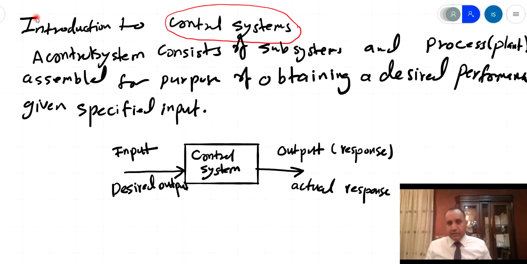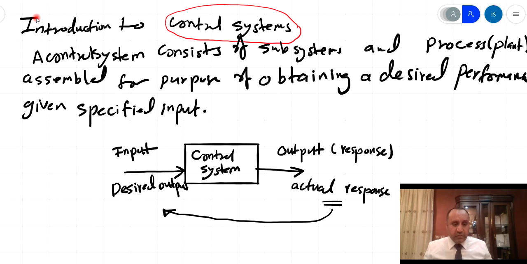Of course, if the control system behaves very well, and if you are a good engineer to design the control system, in the end of the day, the actual response must follow the desired output, which means that in the end of the day, my system will behave as desired.